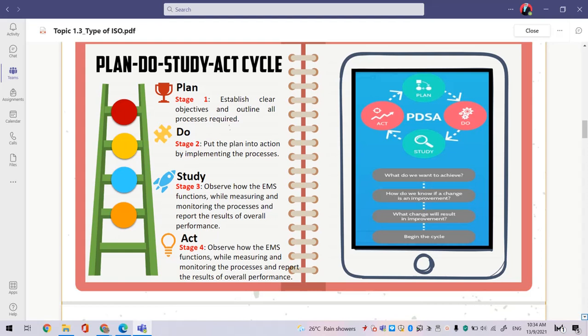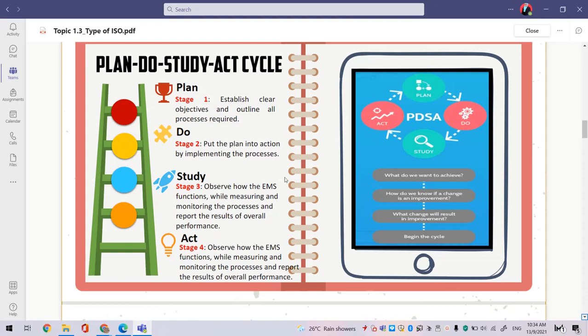What is plan? Plan refers to establishing clear objectives and outlining all processes required. What is do? Do is categorized in stage 2 of ISO 14000, which refers to putting the plan into action by implementing the processes. What is study?